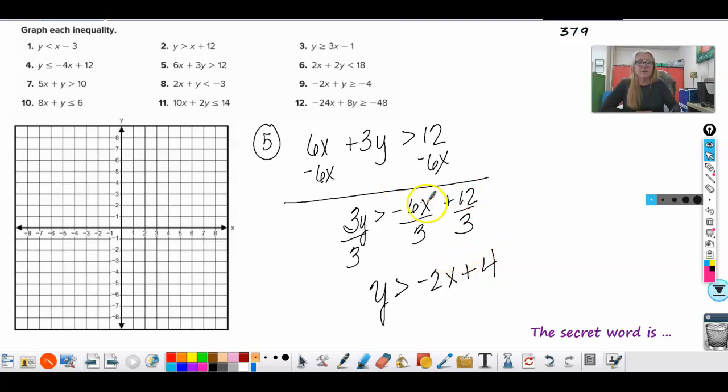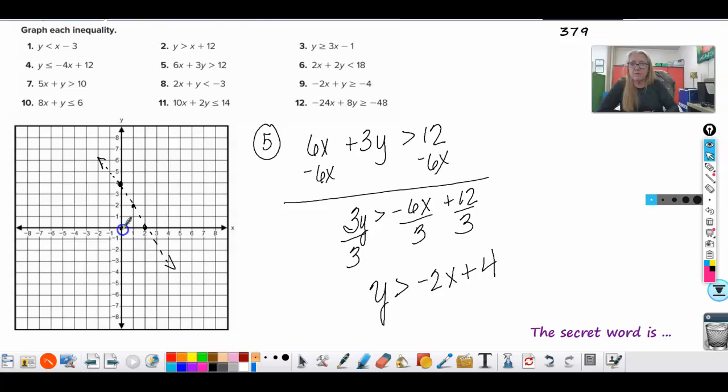Okay, now my y-intercept is +4. 1, 2, 3, 4 right here. My slope is -2, so it's down 2, right 1, down 2, right 1. It's a dotted line because there's no or equal to. And now I just need to know what side of the graph to shade.